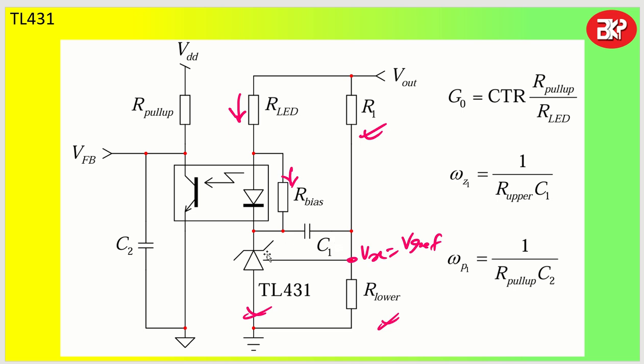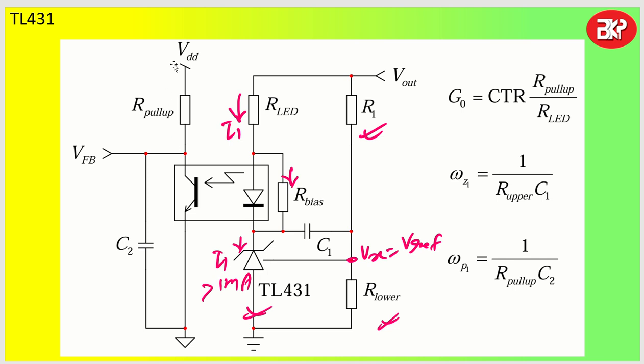This TL431 will receive the current flowing through this R LED. That same amount of current will be flowing through the cathode, and you have to make sure that it is greater than 1 milliampere. Then only it will get excited, otherwise it will not. That's the understanding we should have.